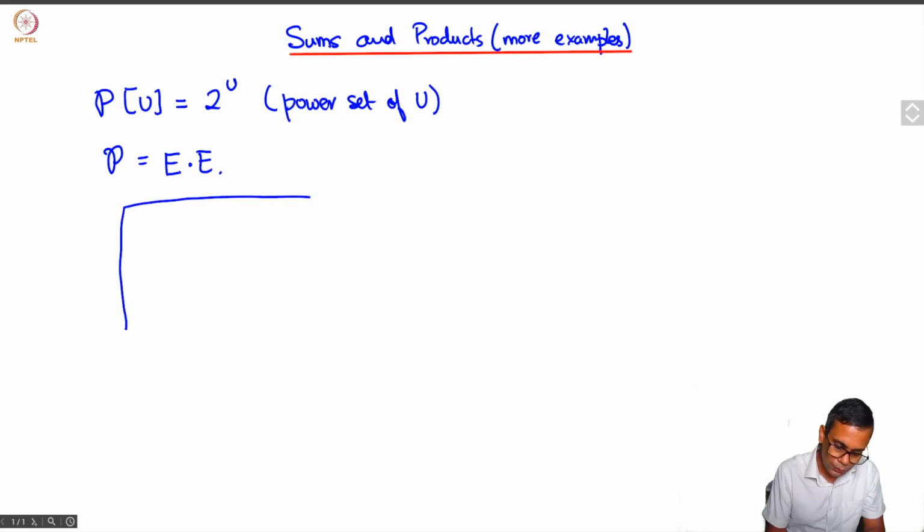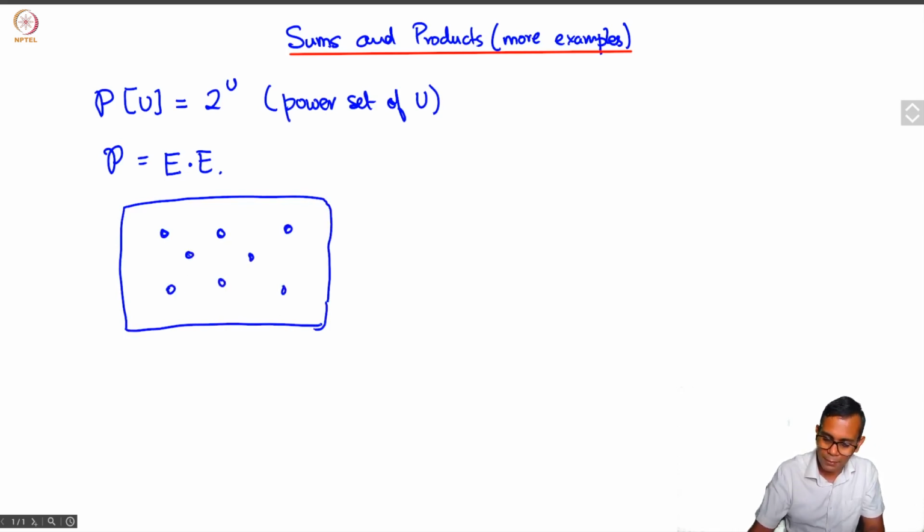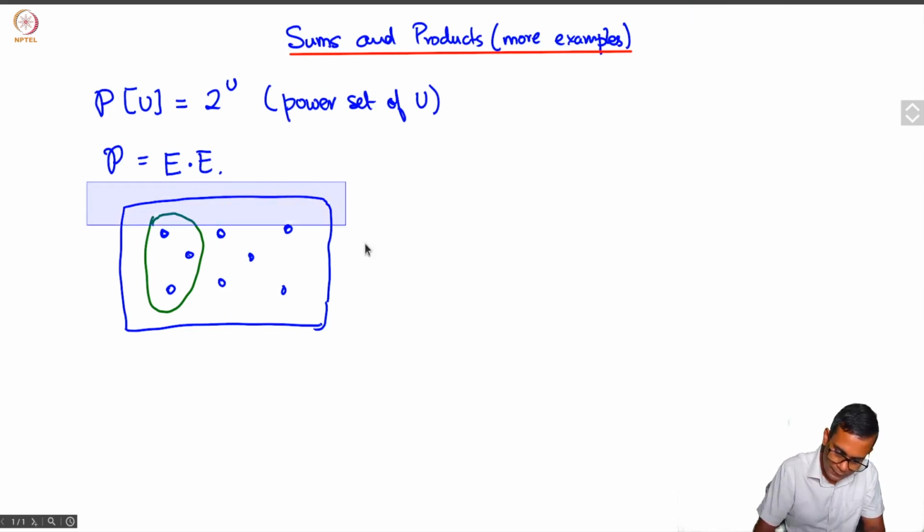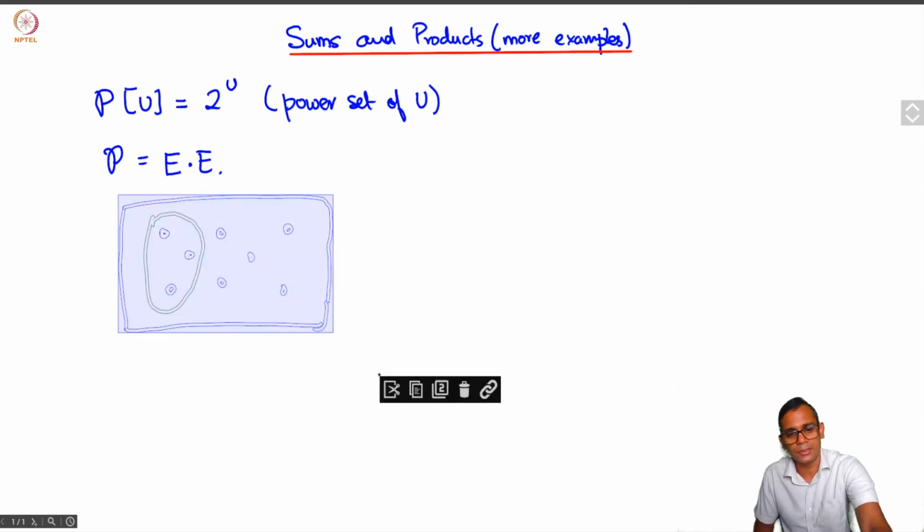So if you have a set, then you can visualize a subset as just choosing some of the elements of this set. So here's an example of a subset. And how can I think of this as E dot E structure?